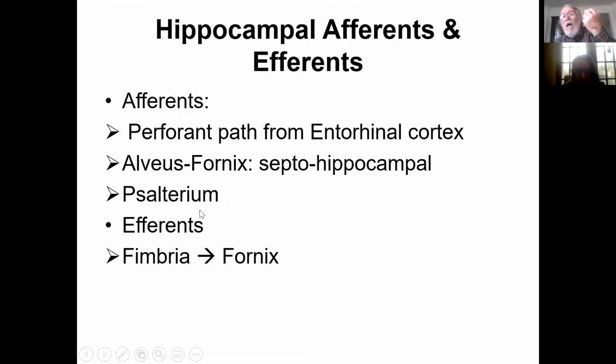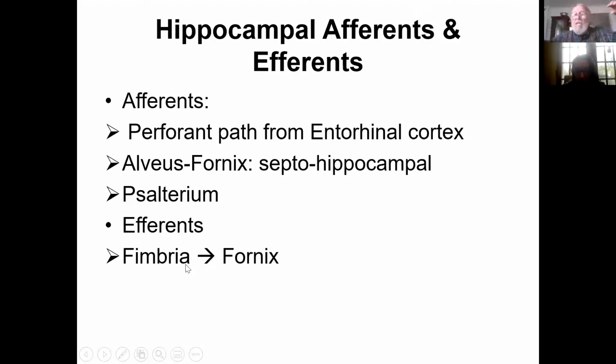And then serotonergic types of inputs coming into the hippocampus. And then the major efferent of the hippocampus is the fimbria, which we're going to see when we're looking.